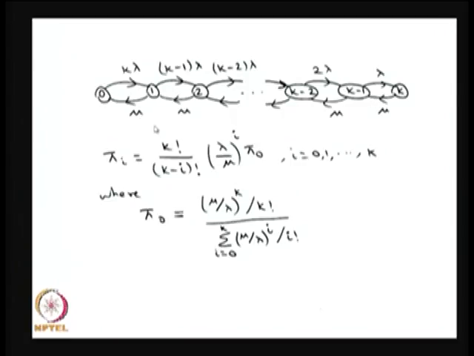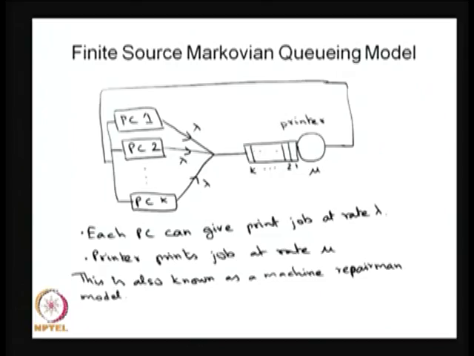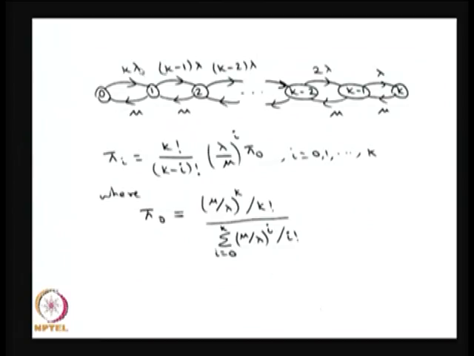Once you know the birth rates and the death rates, you can apply the birth death process concept to get the steady state probabilities. Here we get pi_n in terms of pi_0, and using the summation of pi_n equal to 1, you get pi_0 also. And once you know the steady state probabilities, you can get all the other measures. So, the difference in this model is that it is a finite source, therefore the birth rates are state dependent, whereas the death rates are mu only.